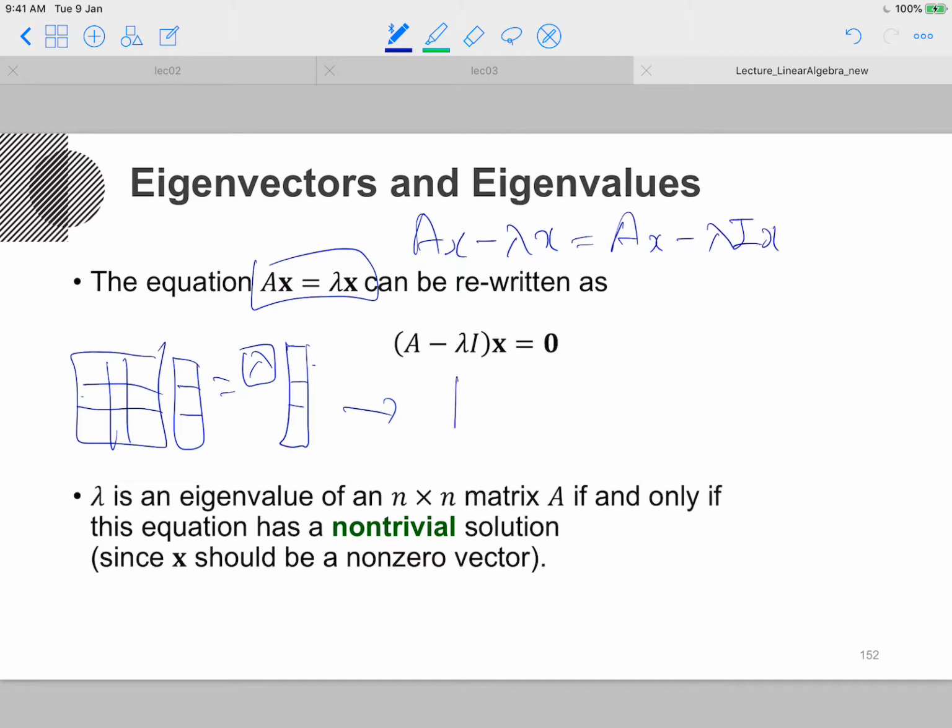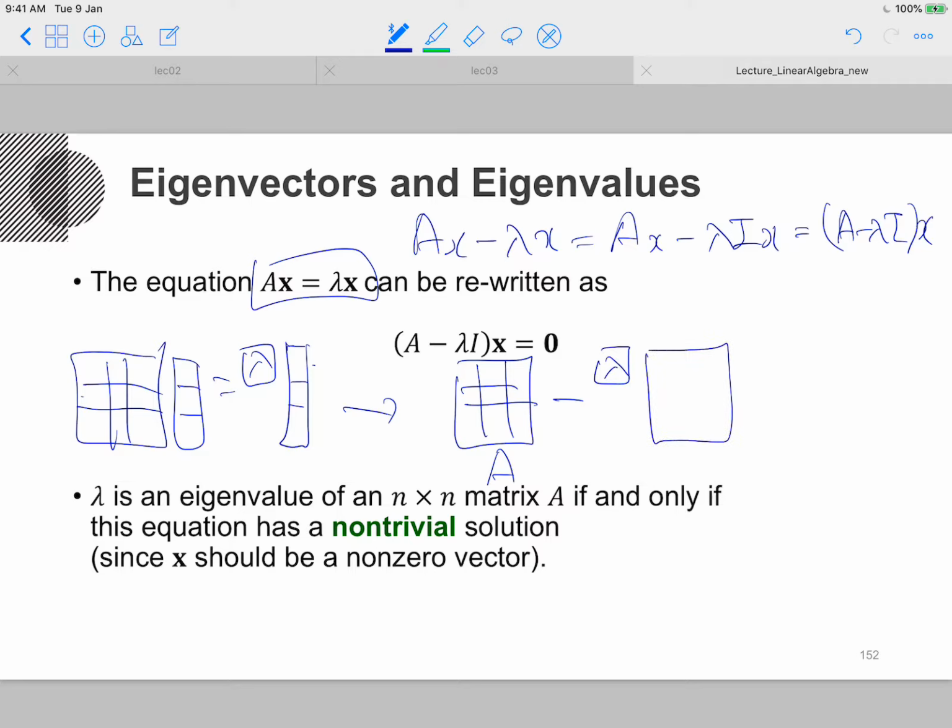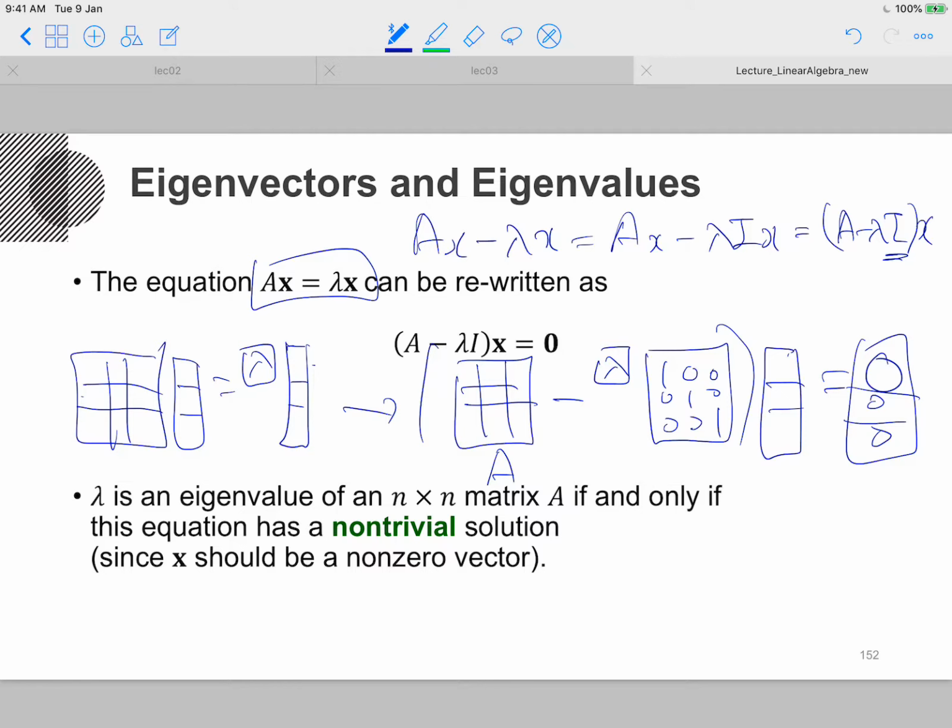And so the matrix A minus lambda I times x, right? And so given the original matrix A and the lambda, we have an identity matrix 1 1 1, 0 0 0 0 0 0, right? And then our vector x, right, should give us the 0 vector, which is, for example, a 3-dimensional 0 vector, right?